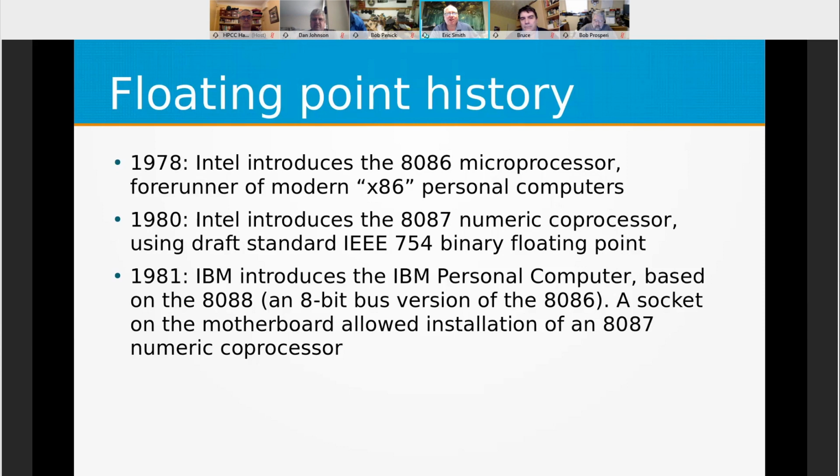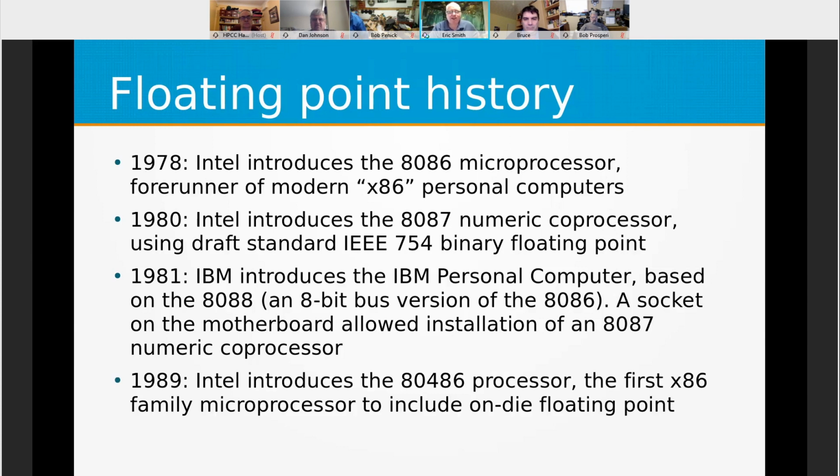It was, as far as I know, the first computer that had a socket on the motherboard. Well, I shouldn't say first. The first really common computer that had a socket on the motherboard for a numeric coprocessor. There were a few less well-known computers before it that were 8086 based and would accept an 8087, but IBM I think gets credit for popularizing that.